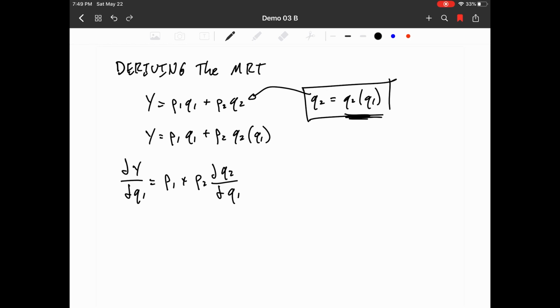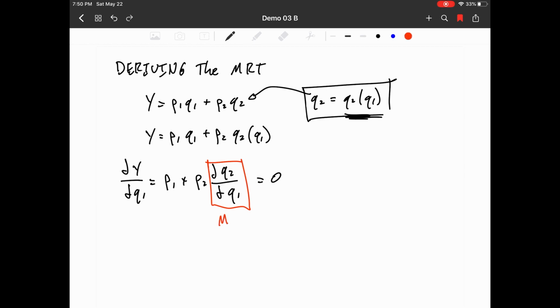And this piece here is our marginal rate of transformation. So we're going to set this equal to 0 and solve for the marginal rate of transformation.